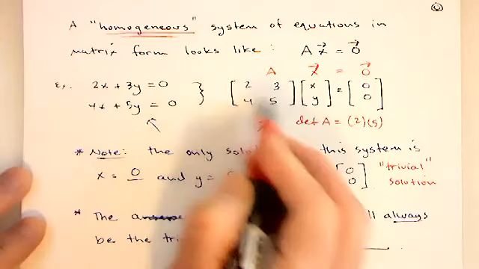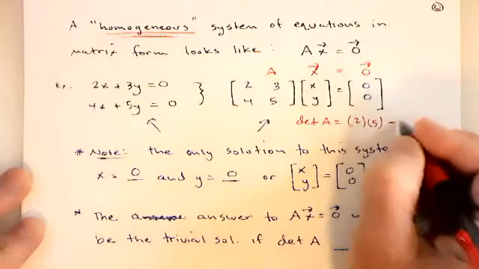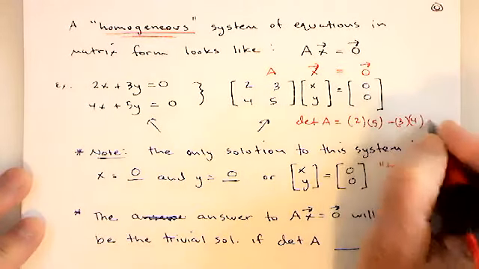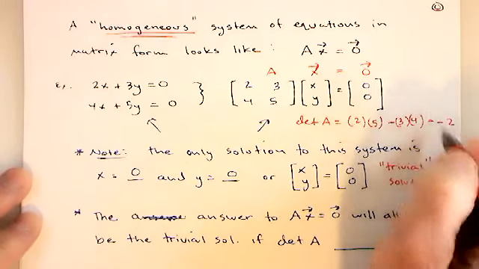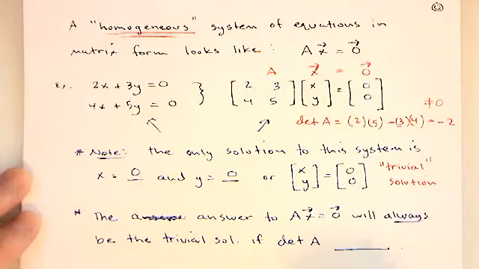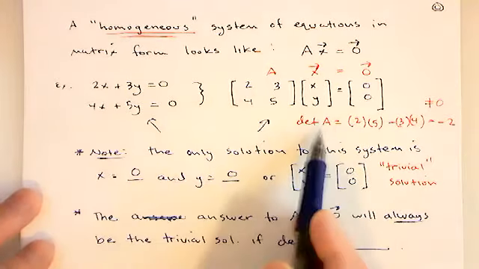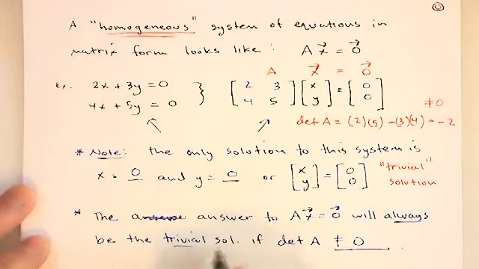Remember, we take the product of the main diagonal minus the product of the off diagonal, 3 times 4. 10 minus 12 gives me -2. And the important thing here is that my determinant was not equal to 0. So if we have a system of equations where the determinant of your coefficient matrix is not equal to 0, then the trivial solution is always what solves it.